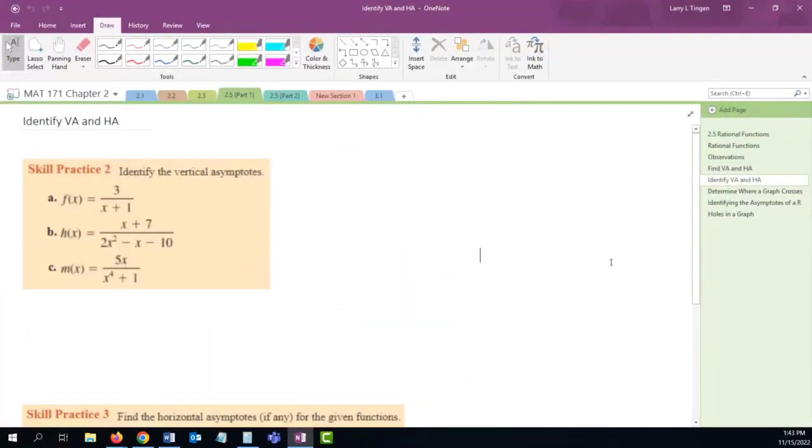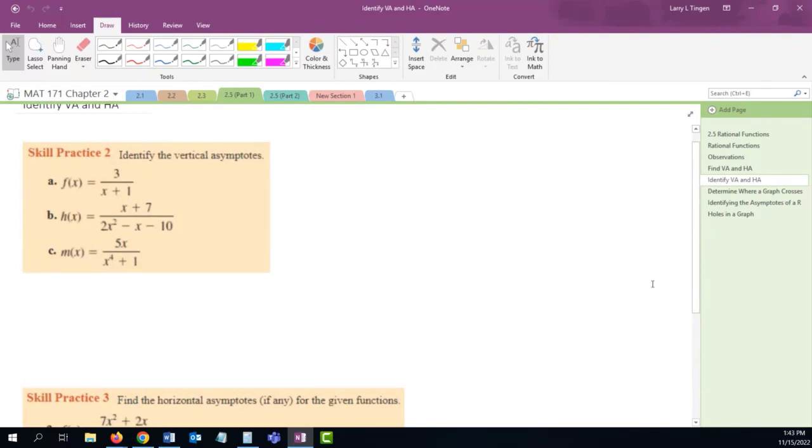All right. Then let's go find some vertical and horizontal asymptotes. Only do what's asked of you. Don't do more work than what is asked of you. For the first 3 in skill practice 2, I'm asked to identify the vertical asymptotes. Vertical asymptotes occur when the denominator equals 0, right?